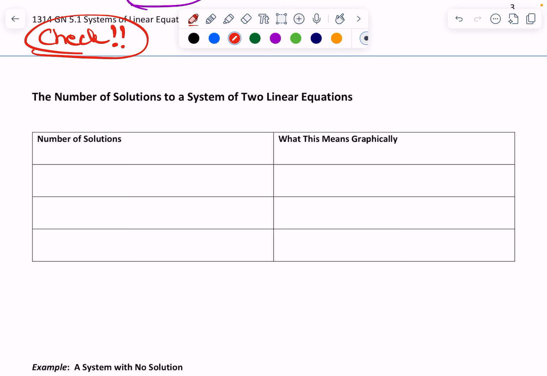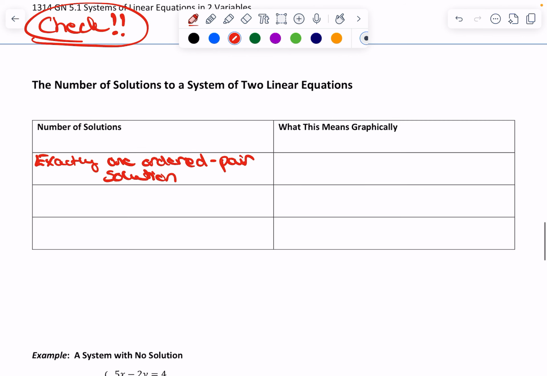If we have exactly one ordered pair solution, that means that the two lines intersect at one point.